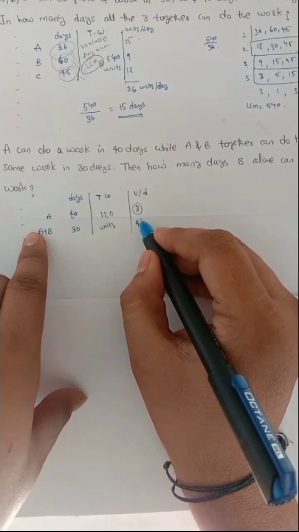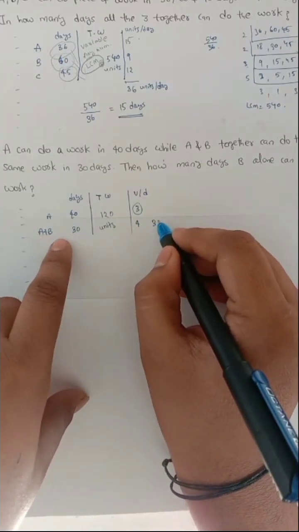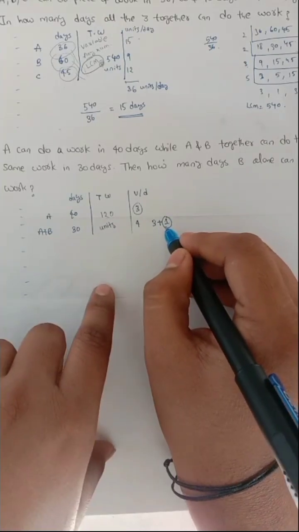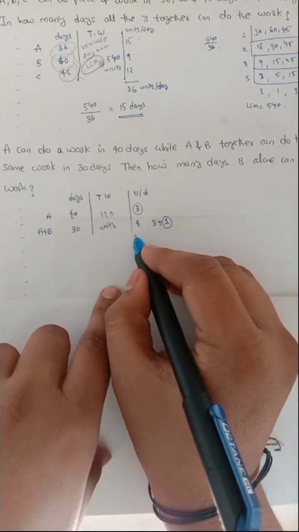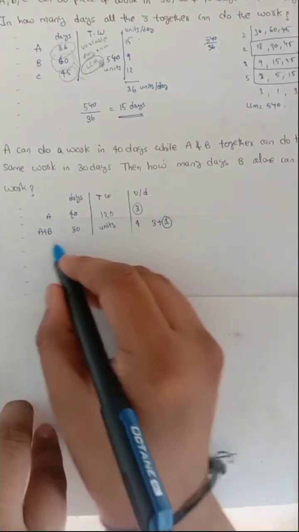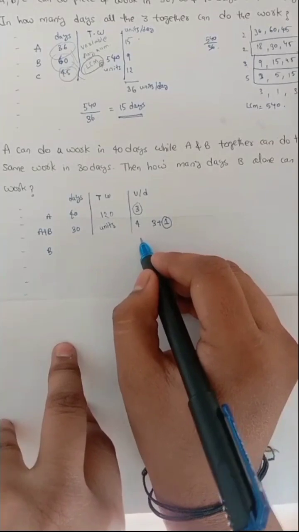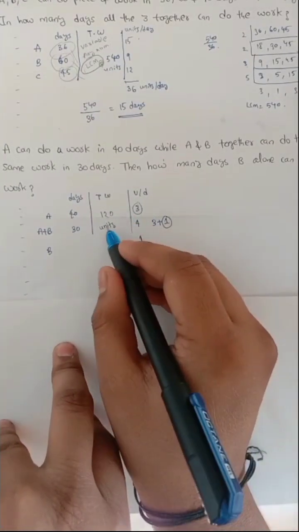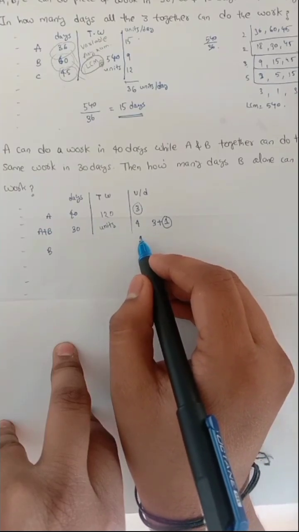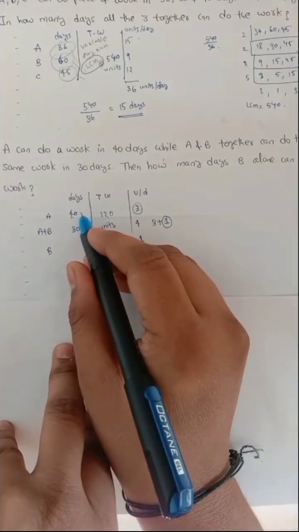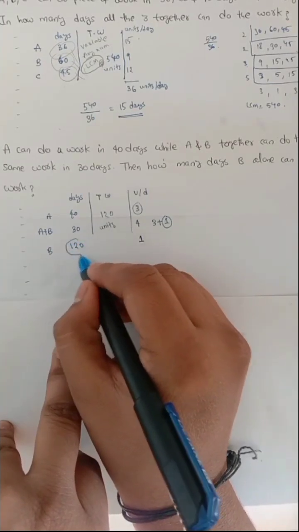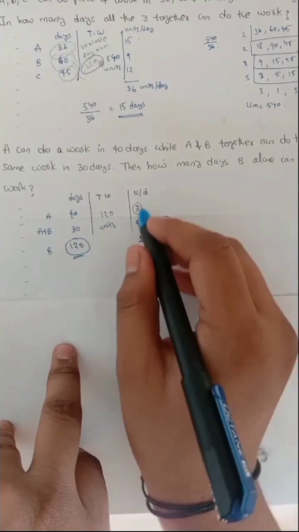Means A can do 3 units and then B can do only 1 unit. So B is doing only 1 unit per day. Then for 120 units, 120 divided by 1, you are going to get 120 days. So B alone can do the work in 120 days. So this is the final answer.